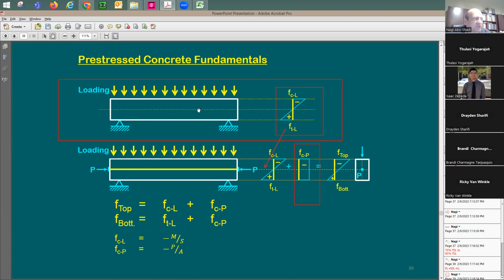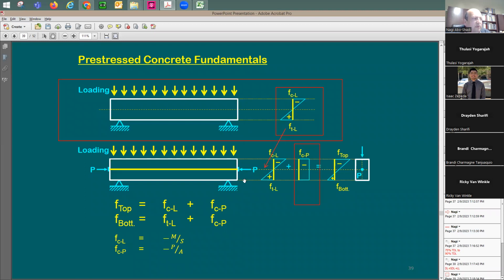And then you add the stresses from this loading to the stresses from the axial load P. If you put this axial load right in the center, in the CG of the section, you're going to have here uniform stress. It's not going to be a change like tension compression. But in here, you're going to have tension compression. Take this distribution plus this distribution, you end up with more compression because guess what? This compression on the top is going to increase and the tension at the bottom is going to reduce.